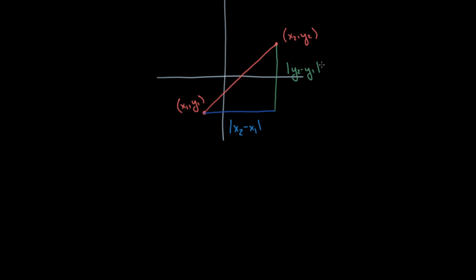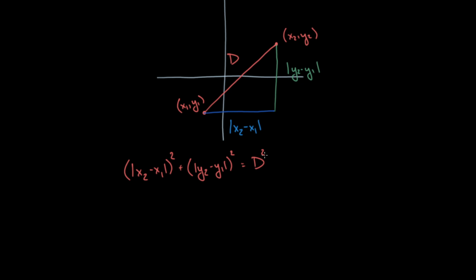So using my distance formula, if this is the distance I really want to find, it'll be the case that if I square this distance right here, the absolute value of the difference in my x's plus the absolute value of the difference in my y's squared will be equal to my distance squared.